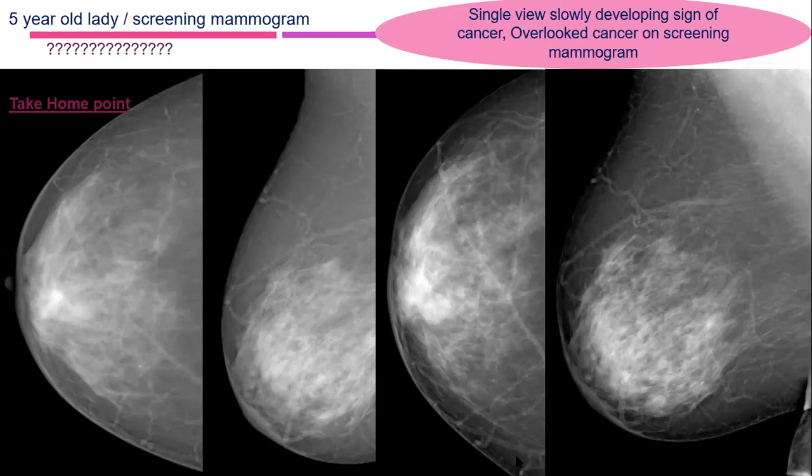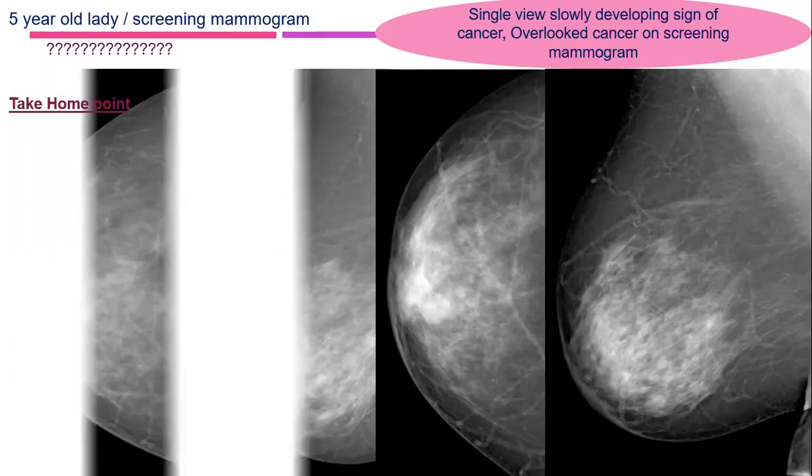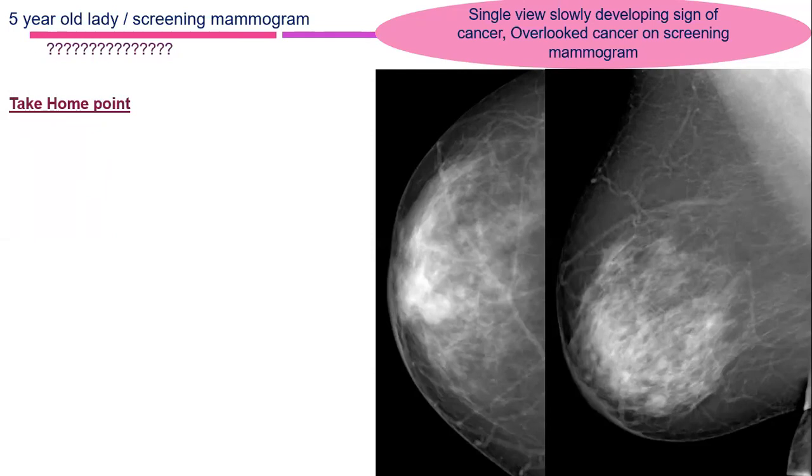So here it became more appreciable. I consider this a developing asymmetry because it became more appreciable. But the associated features, the skin changes, are stable, so it was deceiving, but the patient had breast cancer.